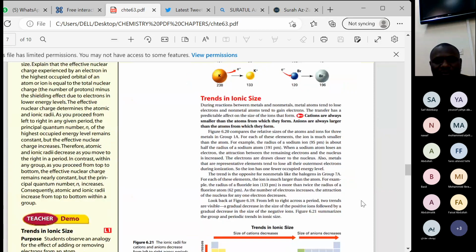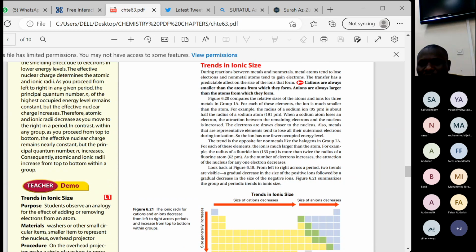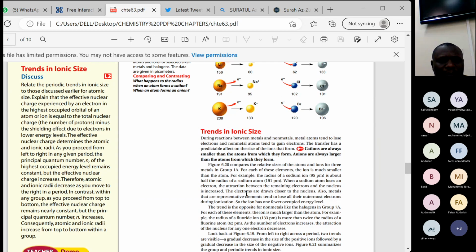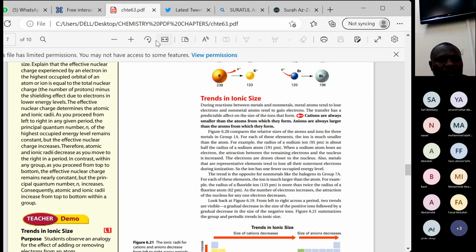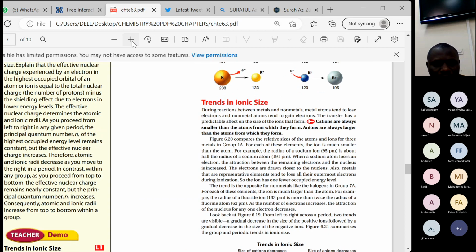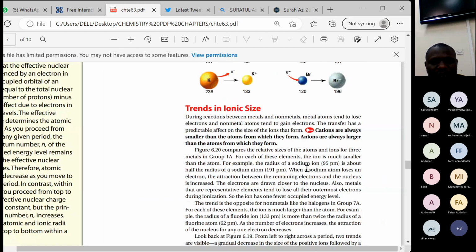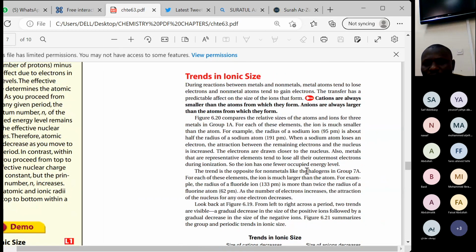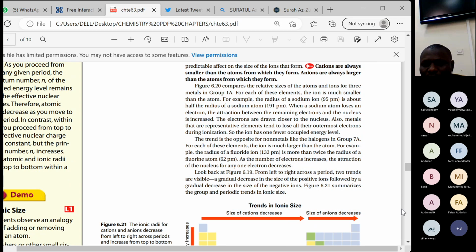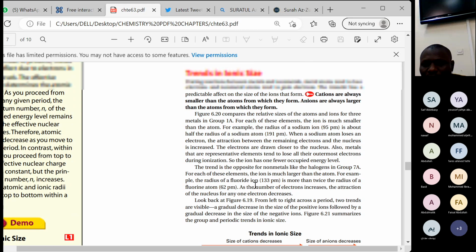Trends in ionic size. Let's have another person read that. Who's this? Basil? Do you have Basil? Basil is absent?